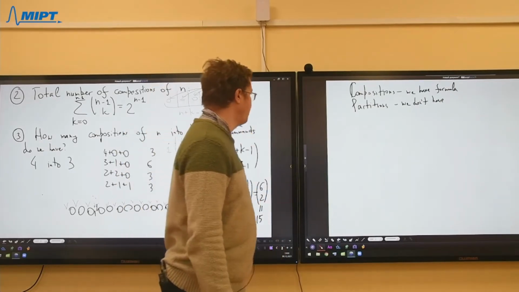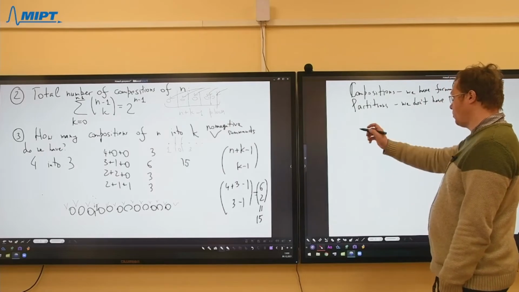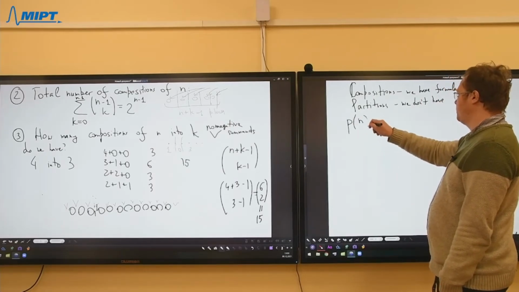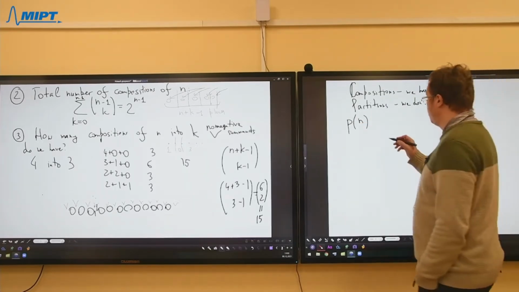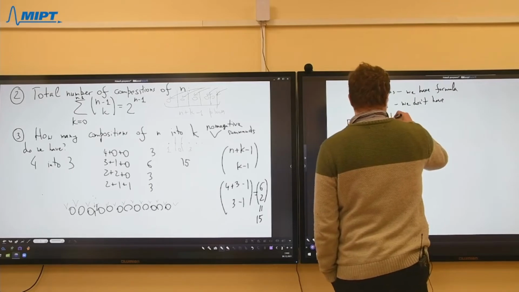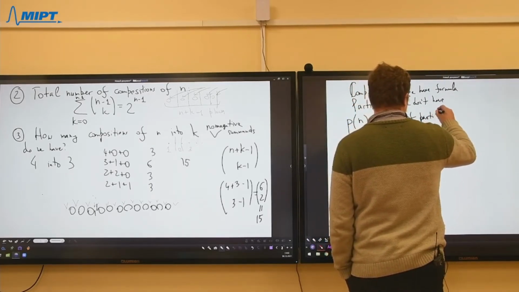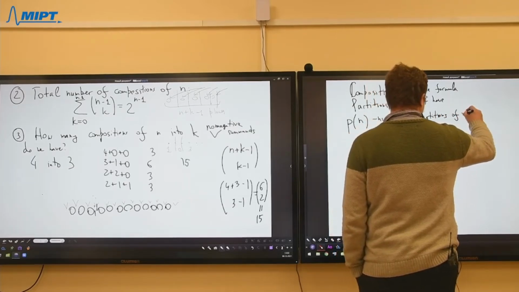So how can we calculate the number of partitions? For example, we denote P of n as the number of partitions of a number n.